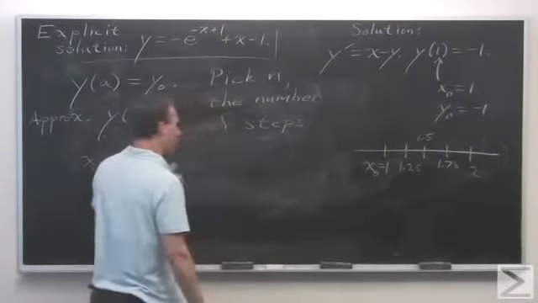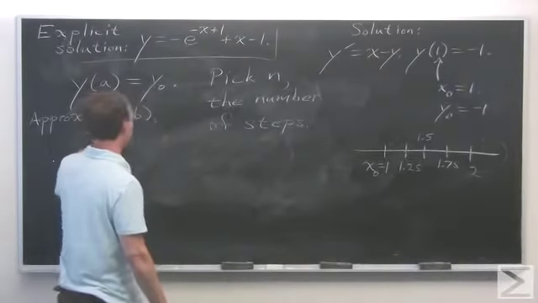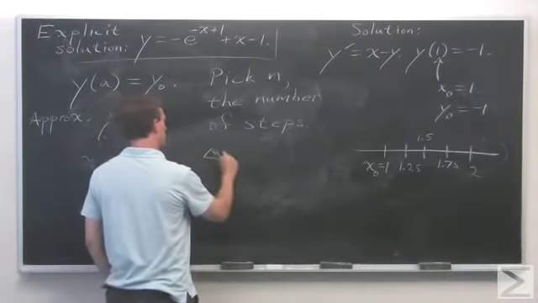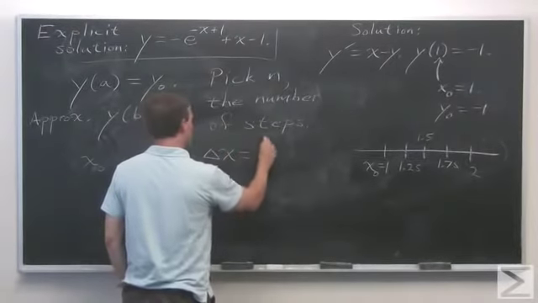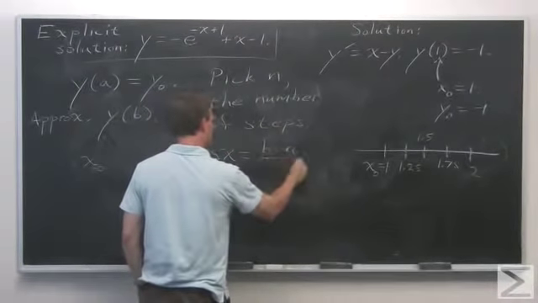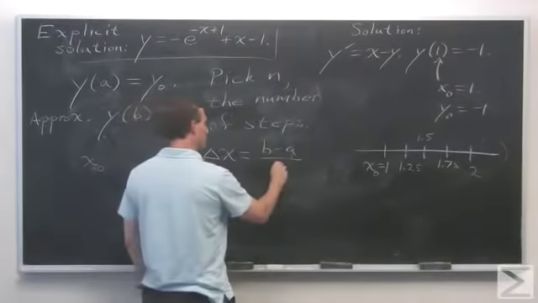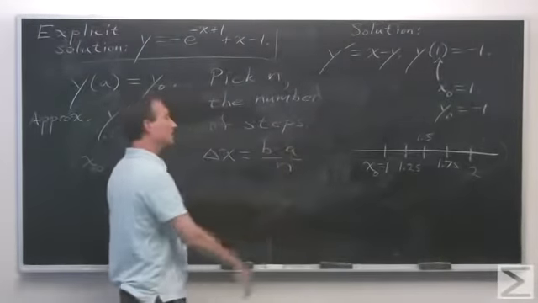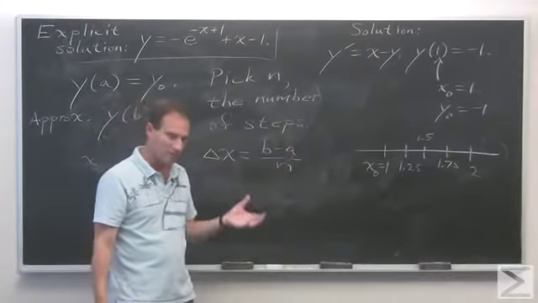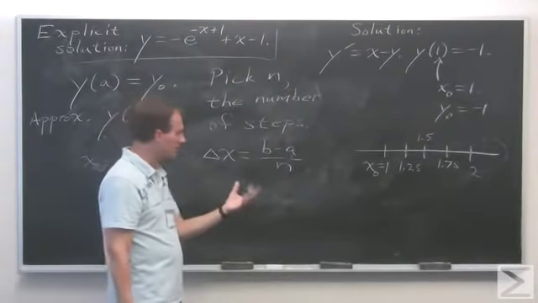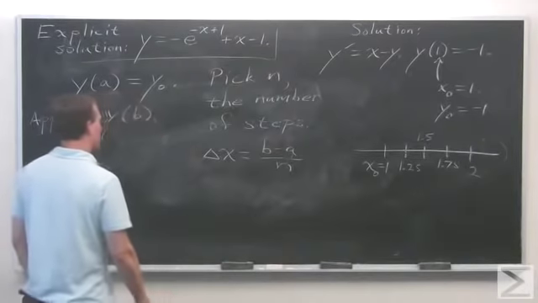So if all our steps are the same size and there are n of them, the change in x each time, delta x, is b minus a, the distance between a and b, assuming b is greater than a, divided by the number of steps. If b is less than a, this is still your change in x. It's just negative, so it's kind of a signed size.